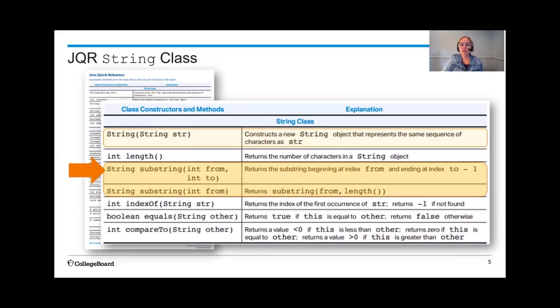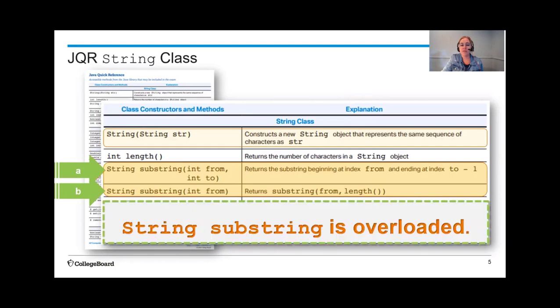So here are the pieces of the Java Quick Reference that we're going to be focused on. Notice that we have two substring methods provided. Version A that I've denoted has two parameters, a from and a to, and I'm going to show you what that does. And version B has only one parameter, and this is called overloading.